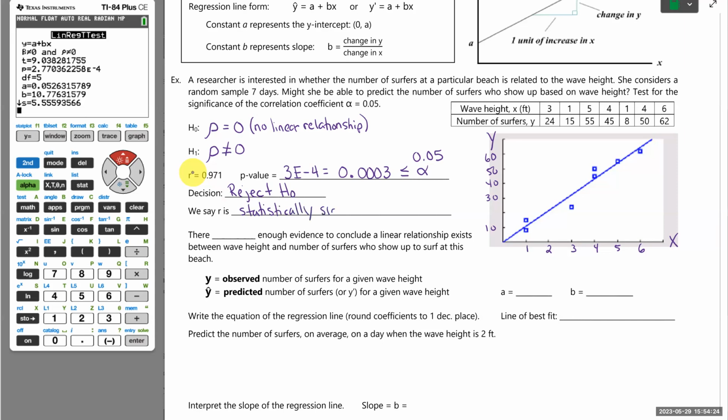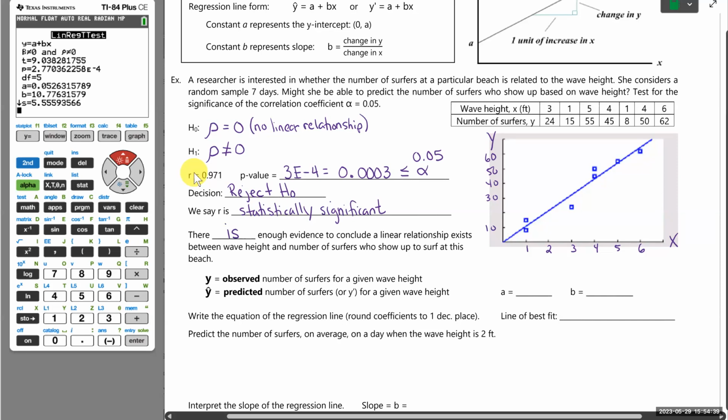Statistically significant always means we've rejected the null hypothesis. Therefore, there is enough evidence to conclude a linear relationship exists between wave height and number of surfers who show up to surf at this beach.